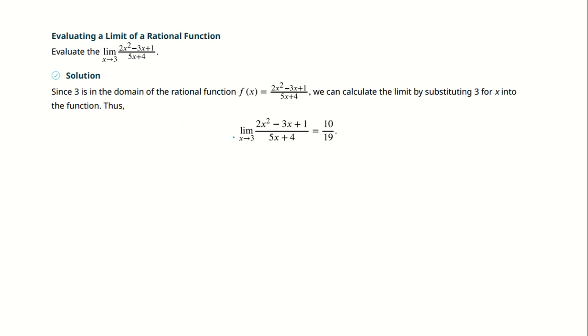What was the quotient law? We have to apply limit x tends to 3 of x square negative 3x plus 1, over limit x tends to 3 of 5x plus 4. That is the quotient law, right?